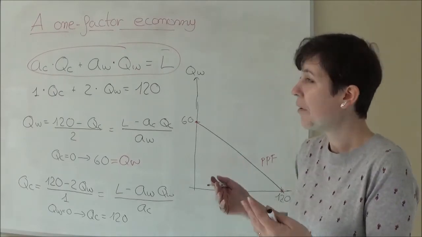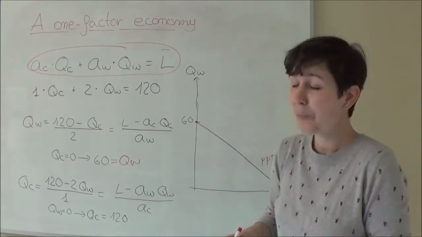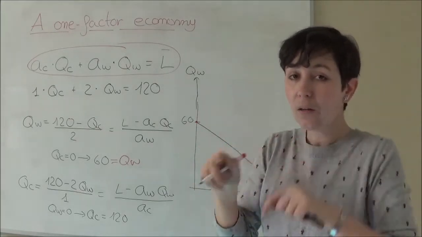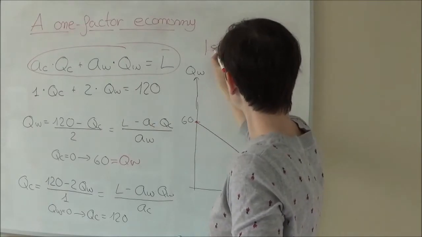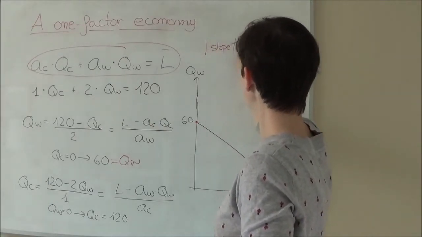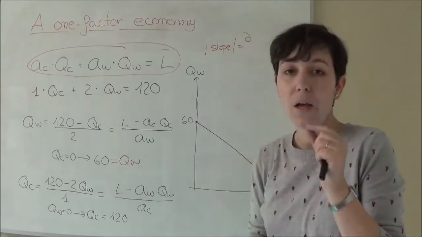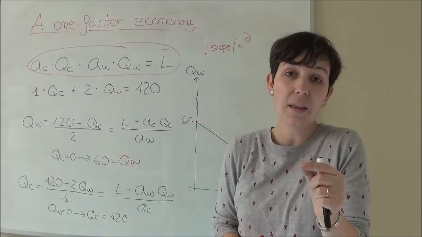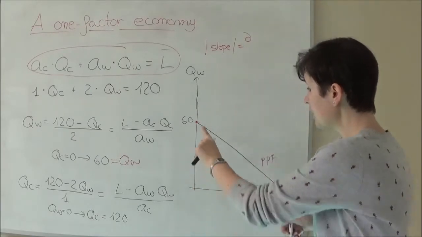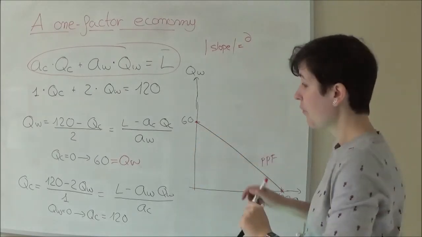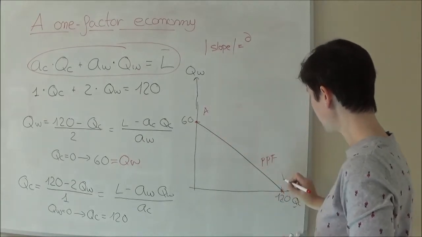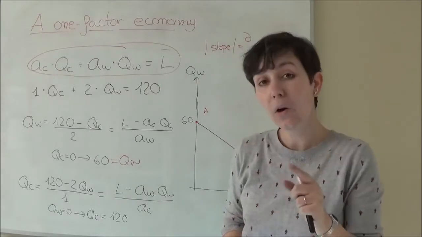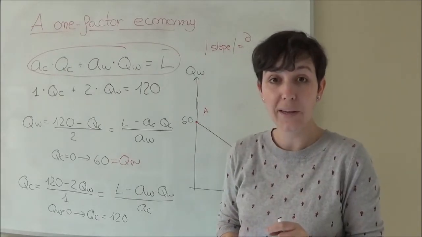How can we get the slope of this curve? I mean, the slope or the opportunity cost of producing 1 unit more of cheese, which is the absolute value of the slope, okay? The slope in absolute terms. So you can use the way that I showed you previously, just taking 2 values, from A to B. It's the same methodology that I applied before, but now I'm going to use a different way, okay?